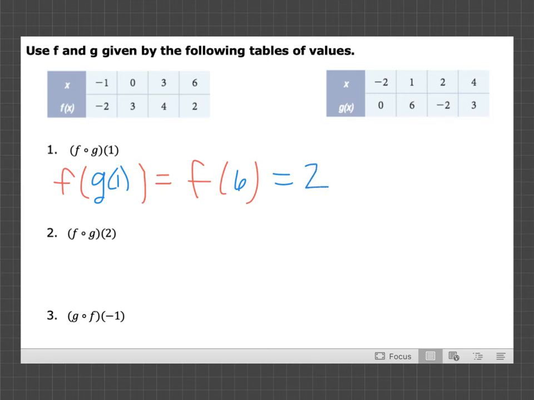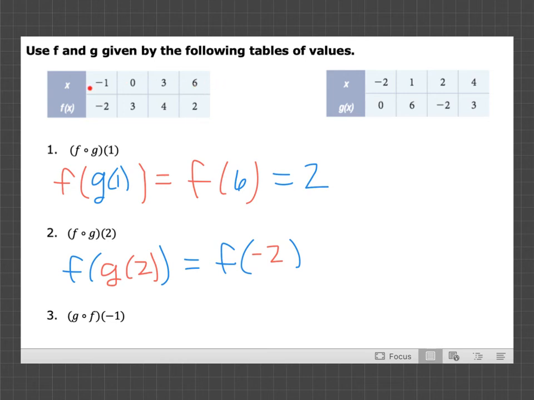Next one, we still have f as the outside function, g is the inside function, but this time it's evaluated at 2. So we start with the table with g, and go over to where x is 2. And that gives us negative 2 for g of 2. Now we go to the table with f, and we want to find a value of x that is negative 2.